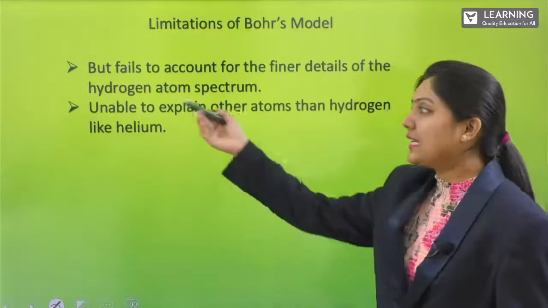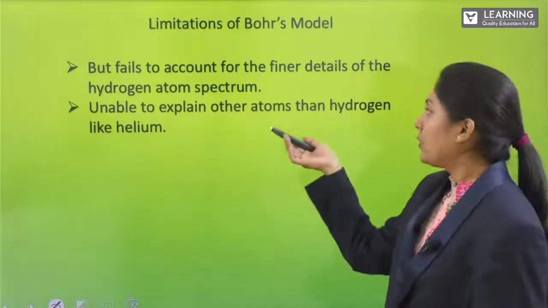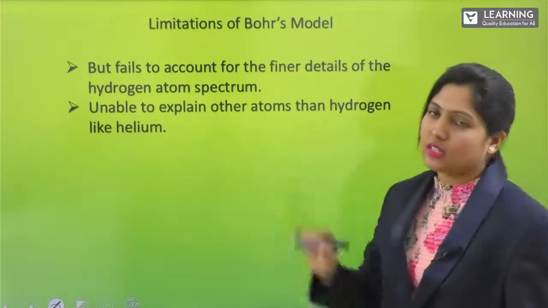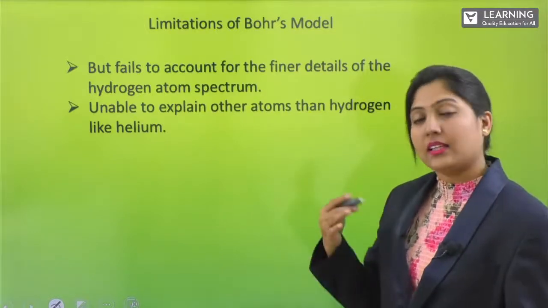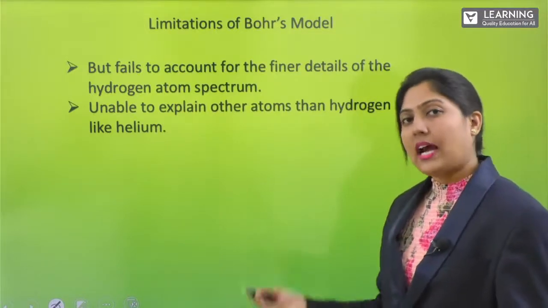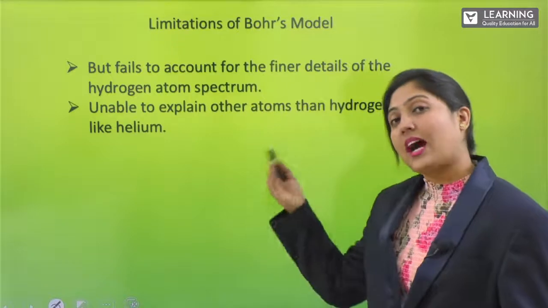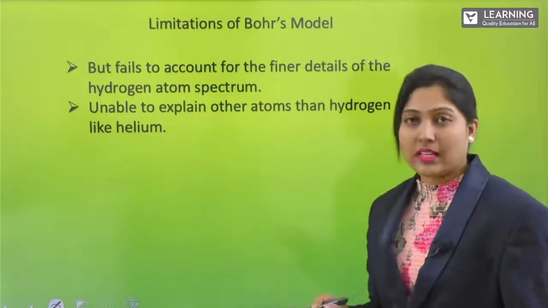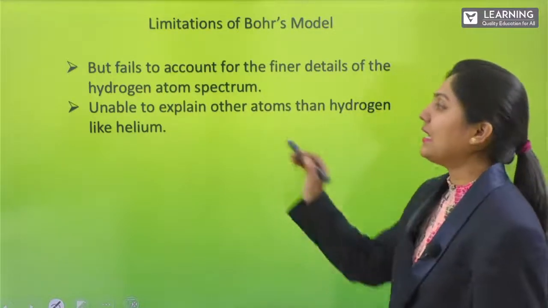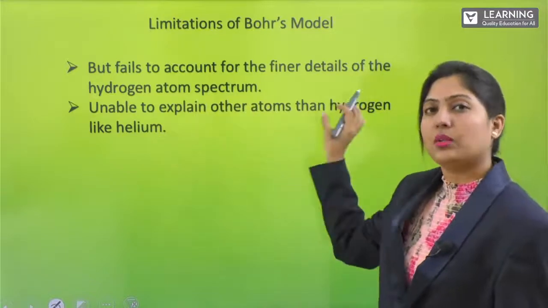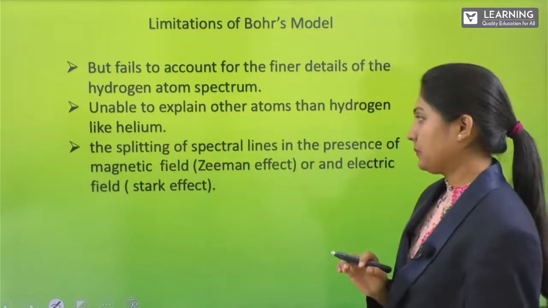With that, he didn't explain other atoms than the hydrogen-like atoms. Other atoms we have, like carbon, nitrogen and the higher atoms, that was not explained by Bohr. Only those similar to the hydrogen atom were explained.